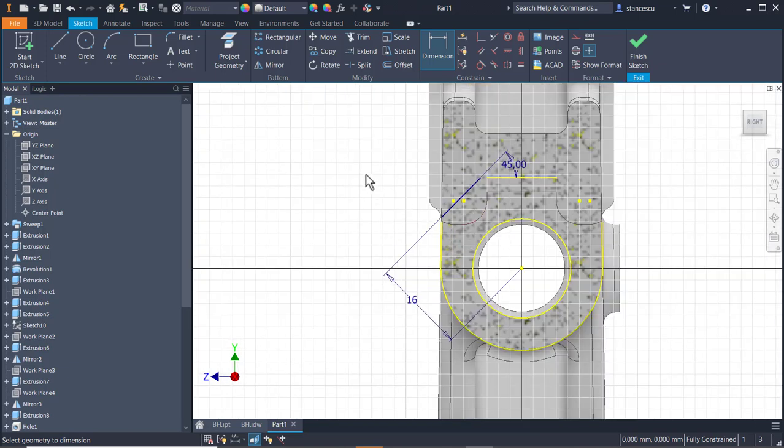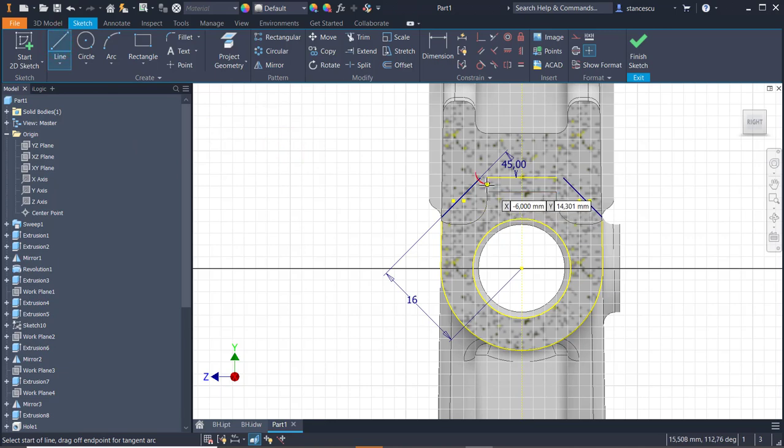I project the y-axis. I make it a construction line, and I mirror this line about that projected axis. Apply. Okay.